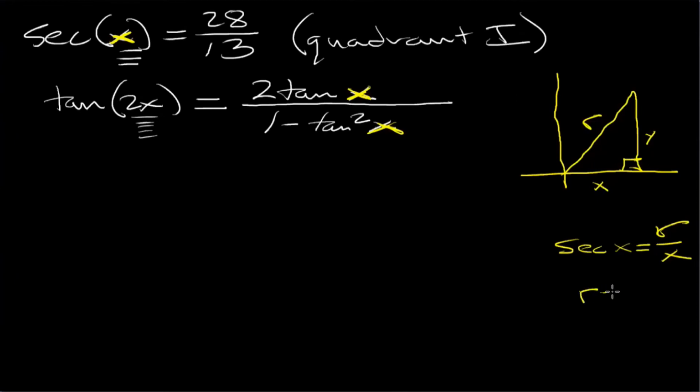I know that r is 28 and x is 13. I could either use the Pythagorean theorem, or if I have a good memory, I could remember that r is always equal to the square root of x squared plus y squared, and then rearrange that. But it's probably easier for most people just to use the Pythagorean theorem.